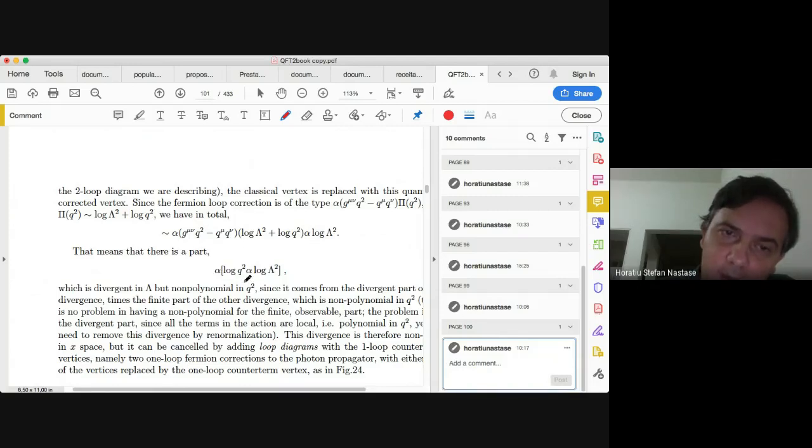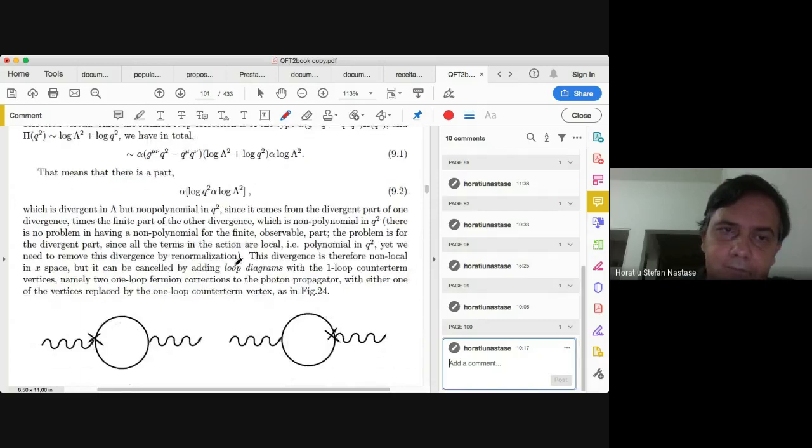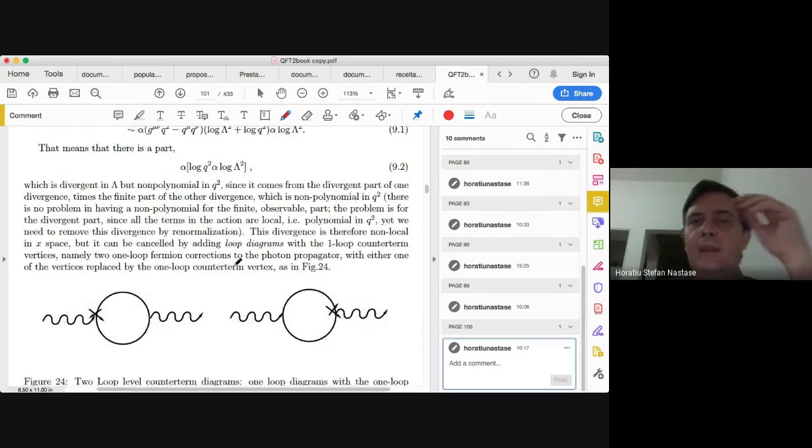As I said, log q squared is non-polynomial, which means it's non-local in X space. The reason it's non-polynomial is because it comes from the divergent part of one divergence times the finite part of the other divergence.